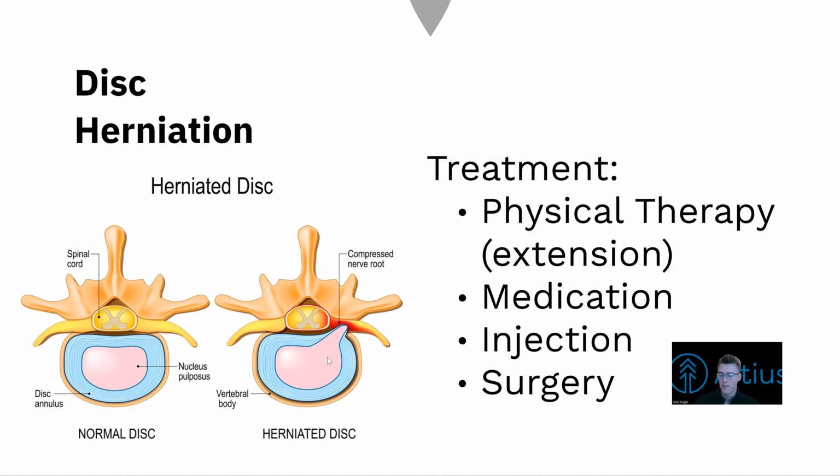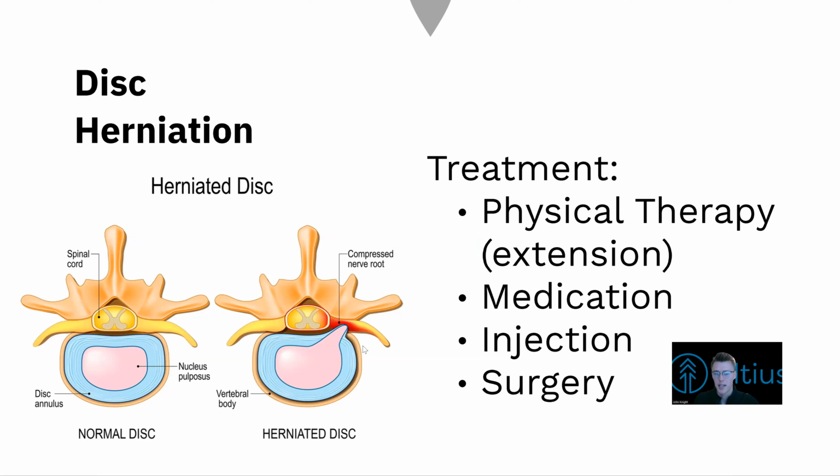And now the jelly, because the walls of the jelly donut can't hold the jelly inside, pushes out against the walls. And in this example, the jelly is pushing on that nerve root here. Again, reducing the mobility up above, but causing symptoms and problems down below, okay?